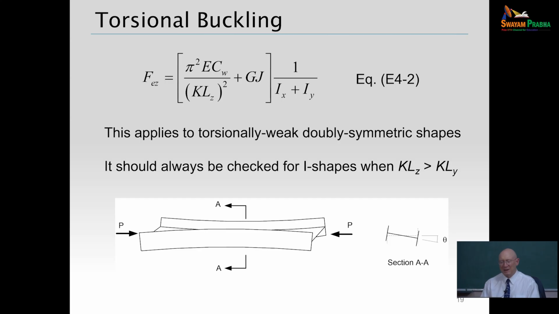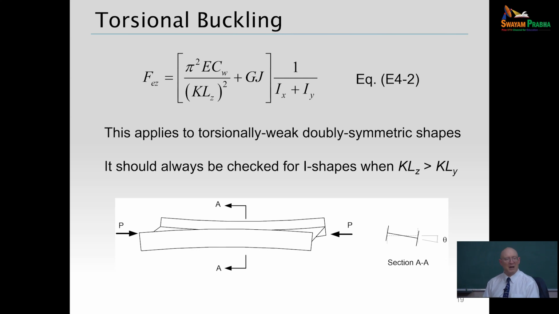Okay. If you're doing that, that detail is really not going to restrain twist there at the middle. So in that case, you'd say my KLY is 1/2 of the total length that we're looking at here in the sketch, but my KLZ is the total length, it's larger. There's a good chance in that case that torsional buckling may give you the smaller FE for your column capacity.